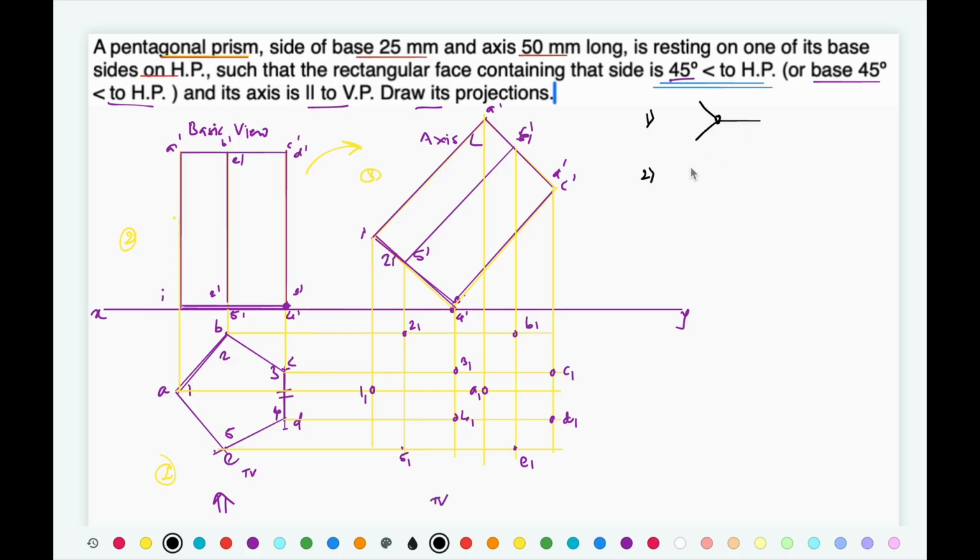Second, all the outermost lines are to be connected with visible line. Now what is meant by outermost line? So if you look at those points and if you try to connect them, now in this basic solid, if you measure the number of edges, there is a pentagon at the bottom, so number of edges 5.